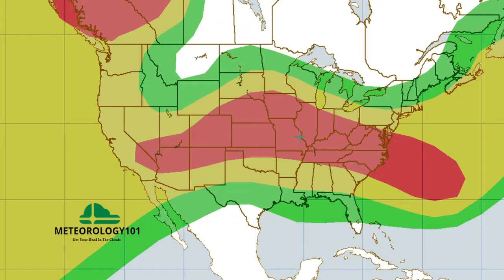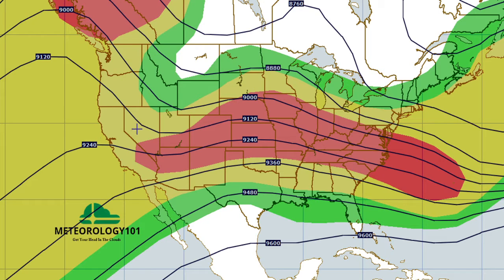But it will move out of the way if there is another major shortwave. Let me throw some pressure on here. If there's a major shortwave that comes along and kicks that low pressure system off, it's called a kicker.